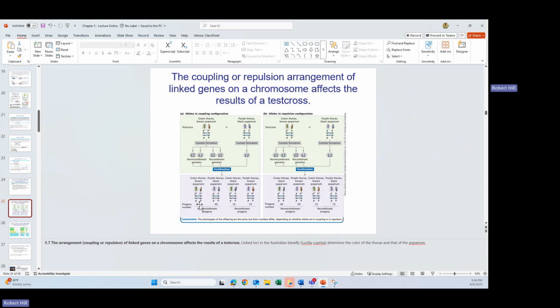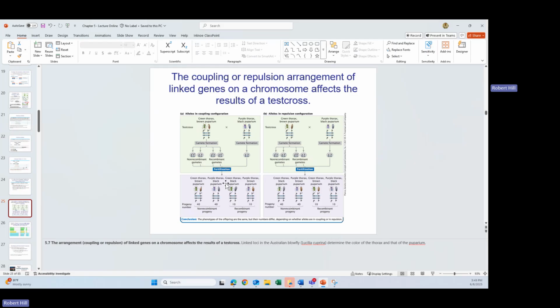They're going to have the same value for recombination frequencies, whether or not the genes are oriented in the cis or the trans. Here's cis coupling or trans orientation. What changes is which combinations are considered non-recombinant and which combinations are considered recombinant.